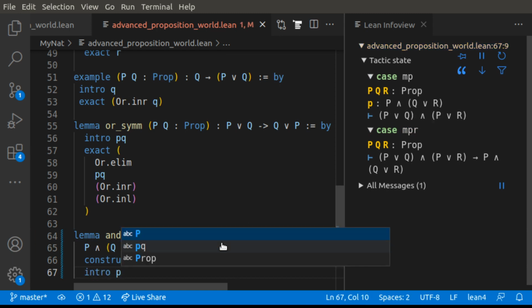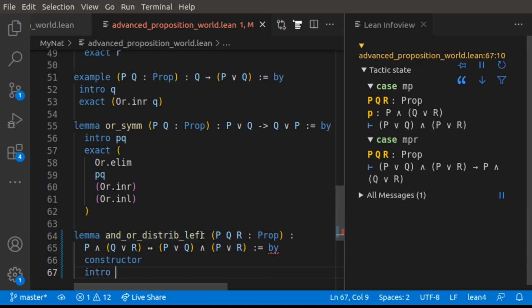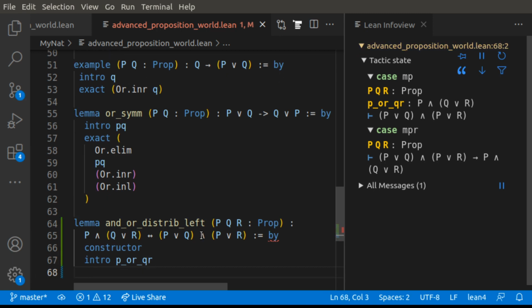Intro, let's see. P and (Q or R). And then our output should be (P or Q) and (P or R).